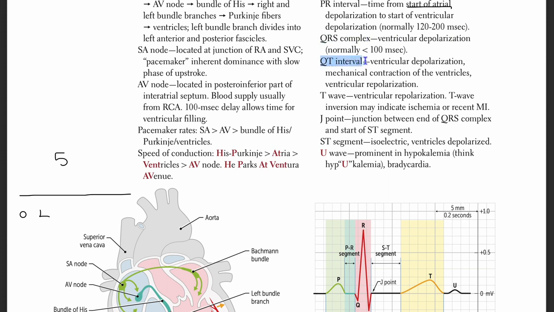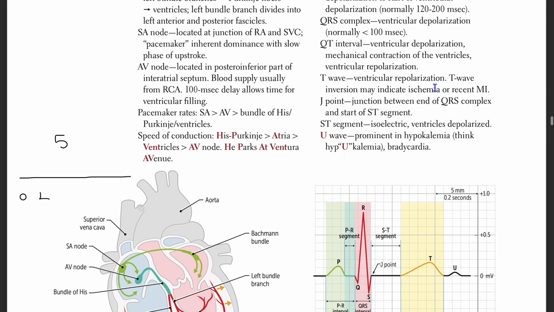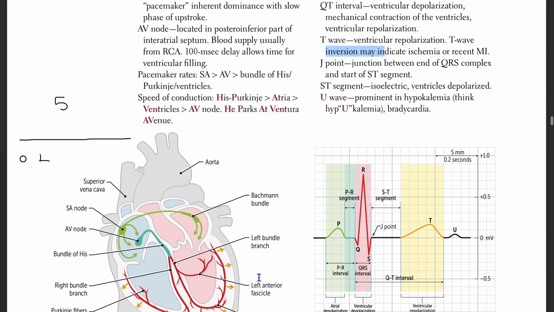Okay, so QT interval is ventricular depolarization, mechanical contraction of the ventricles, and ventricular repolarization. Then what's T wave? It's ventricular repolarization. That's what that is. Okay, so T wave inversion. That's the part where it's coming back. So T wave inversion may indicate an ischemia or recent MI.